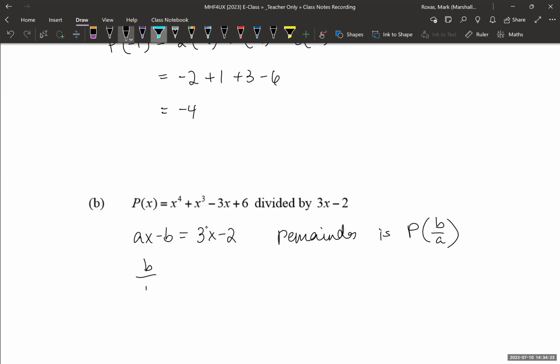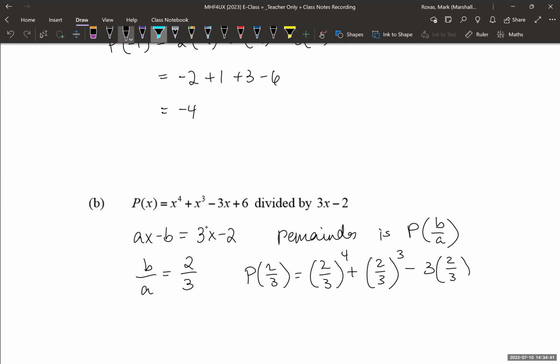So b over a equals 2 over 3. So p of 2 over 3 equals 2 over 3 to the 4th plus 2 over 3 to the 3rd minus 3 times 2 over 3 plus 6. And the resulting answer for that one is 364 over 81. I'm interested in keeping it as an exact value, so I'm not going to turn that into a decimal.